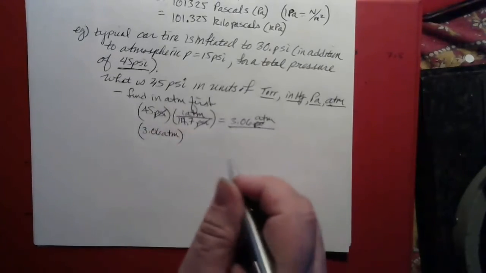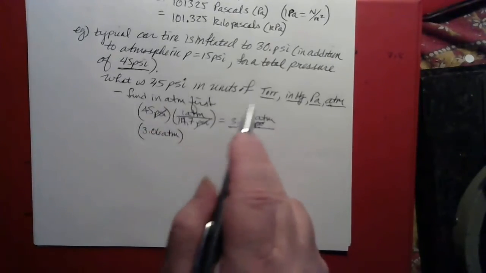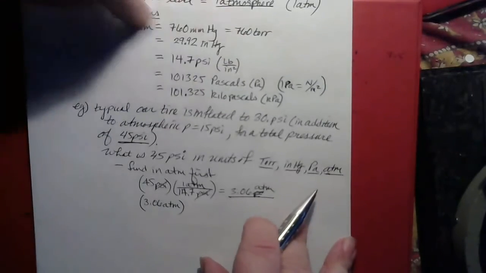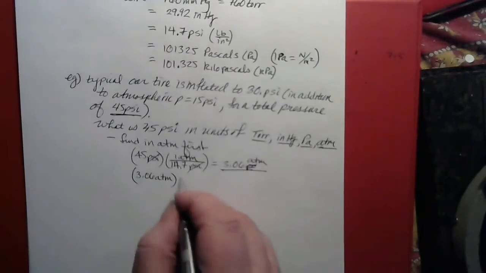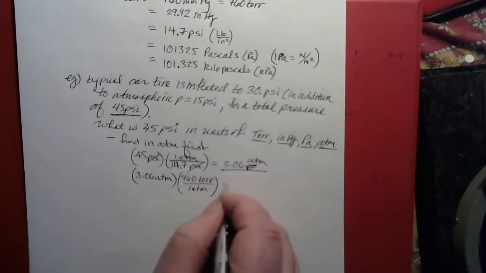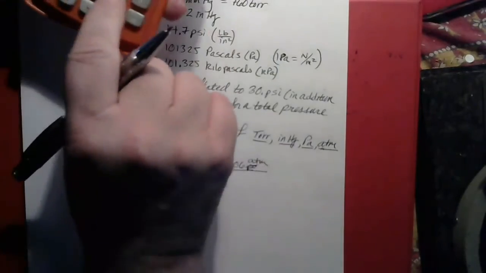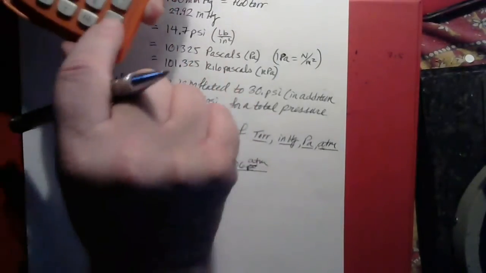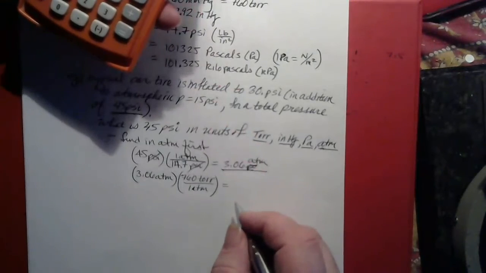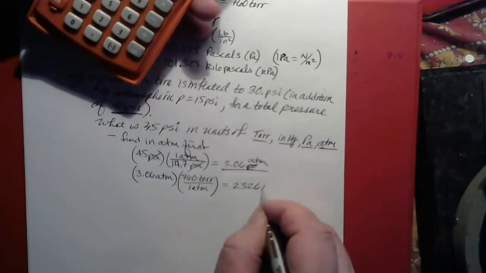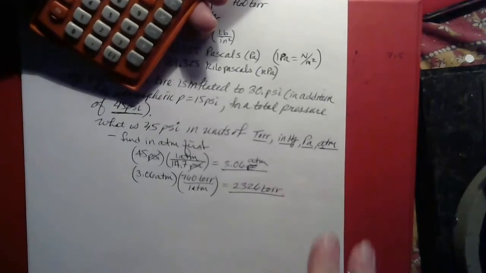Well, if that pressure is 3.06 atmospheres, and we want to know what it is in torr, well, let's see, 760 torr for every 1 atmosphere. Okay, so 3.06 times 760 is 2326 torr.